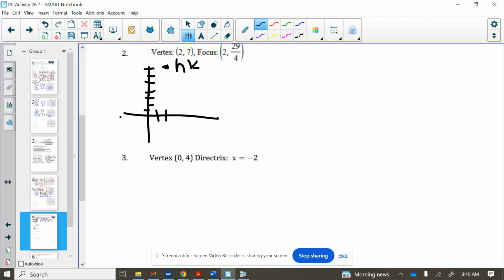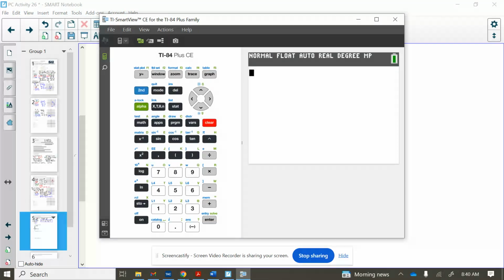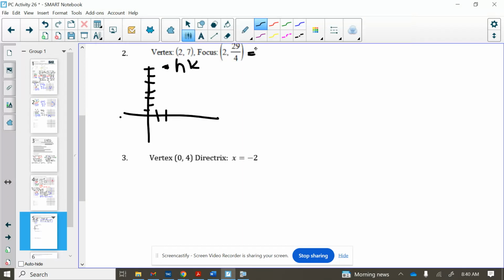And then 29 fourths, if we're not 100% sure on that, 29 fourths is about 7.25, which means that it's just a smidge above that initial vertex that we had. So again, this is going to open towards that focus point, in this case upwards, which means we're going to have a positive x squared value.